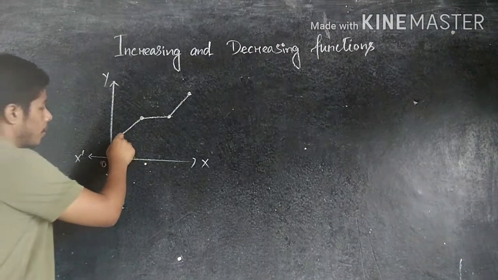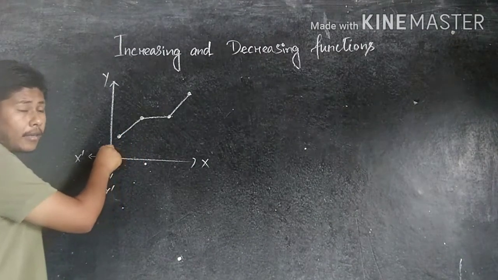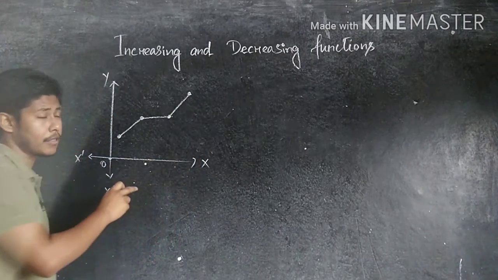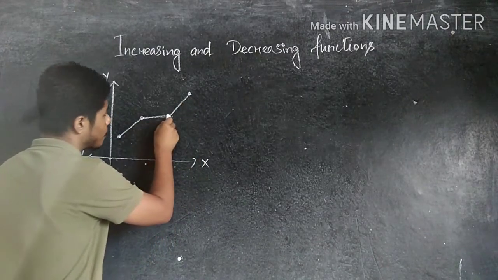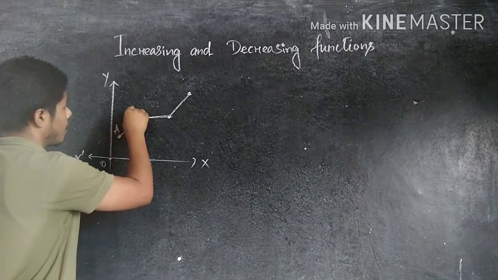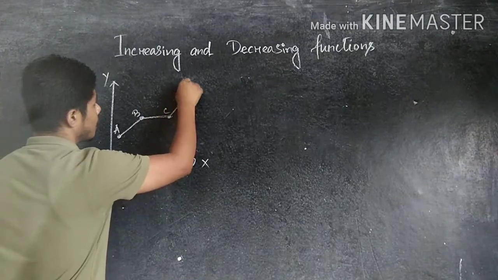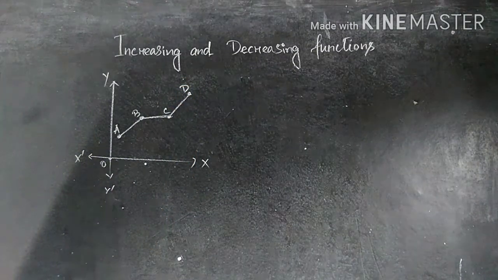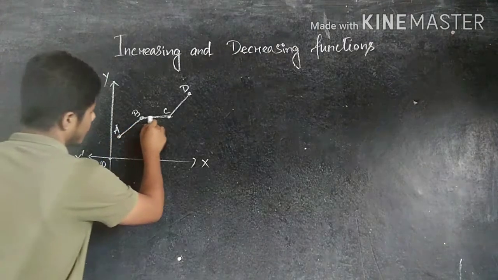Suppose we denote the points A, B, C and D, with coordinates x1, x2, x3. Is it clear? The same graph we discussed in the last class.